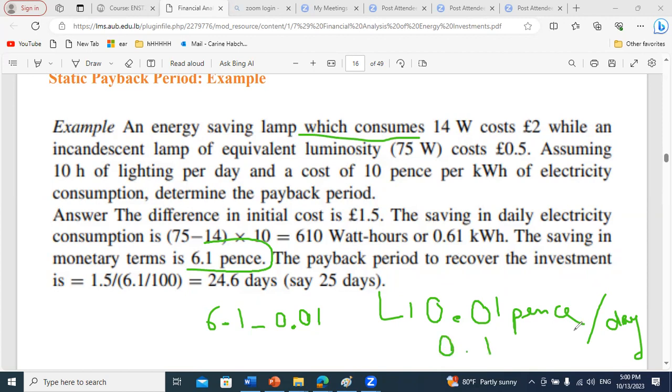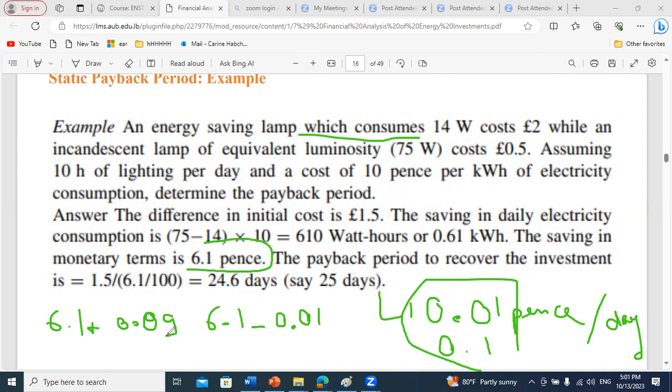So here, this will add to your savings because you will need lower maintenance. So you should add to 6.1, which are your savings per day, the difference of maintenance, because with lamp 1, you need lower maintenance. So you should add plus 0.09. If you need a lower maintenance in case of lamp 1, this will add to your savings instead of reducing your savings.